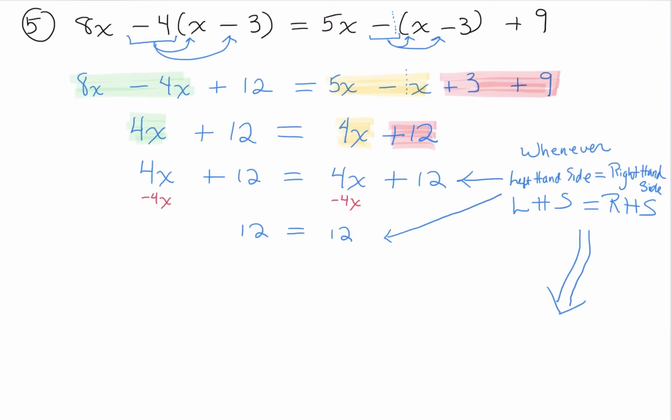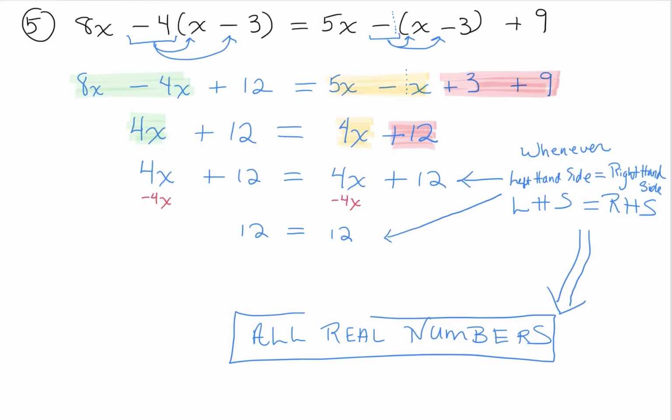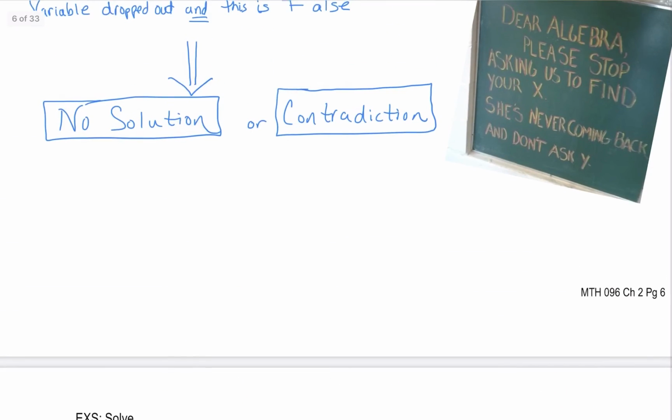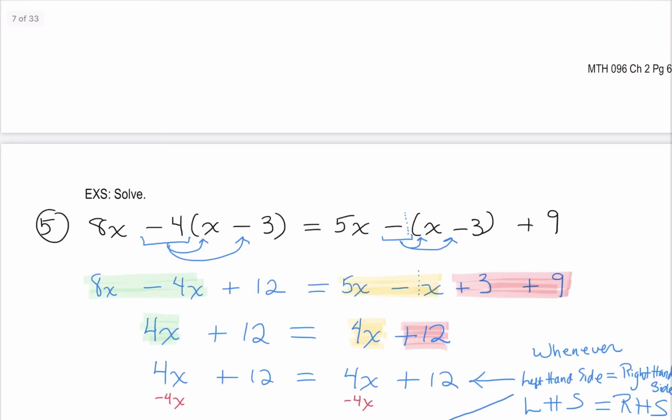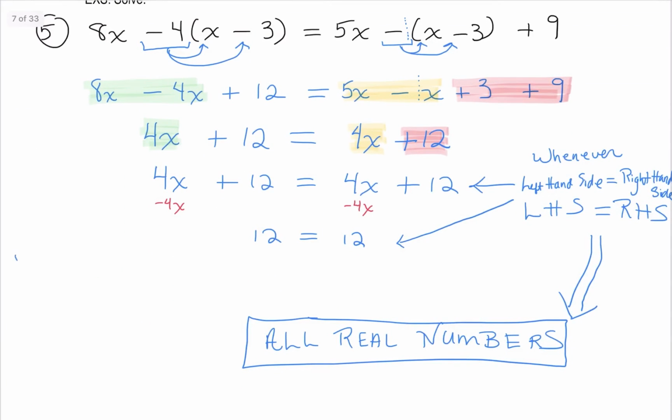So this is a situation where we get an infinite number of solutions. In particular, this is where we end up with our solution being all real numbers. Basically, anything works. You can sub in anything for x and it would work. So yeah, it could still be that when the variables drop out, but this time what is left is a true statement. So if we were going to compare that with what we wrote up here, variables dropped out, but this time this was a true statement.